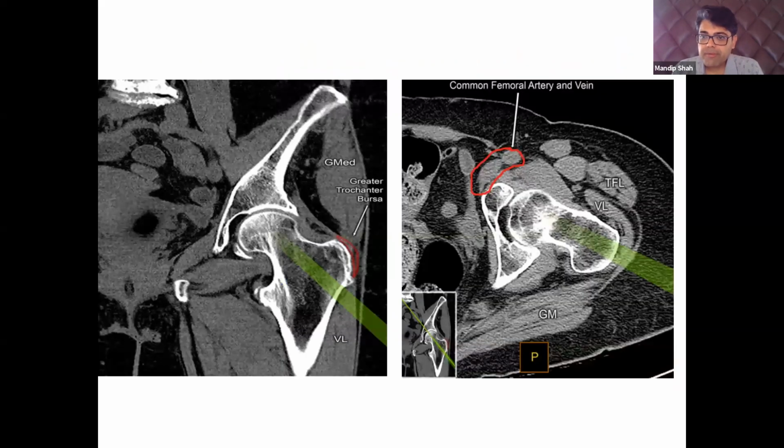So for the proximal femur, it is through the vastus lateralis muscle. It is exactly the incision which you take for DHS fixation. All the biopsy tracts are designed to go through the muscle and not through any tissue planes. You don't want to contaminate a tissue plane, because a tissue plane is an area where there is a potential space.